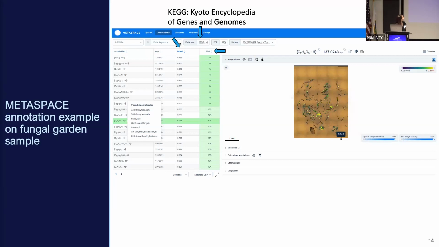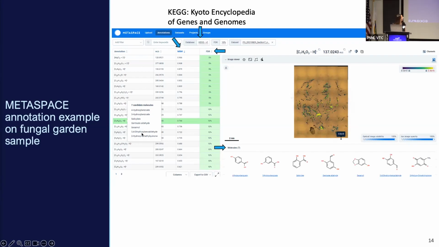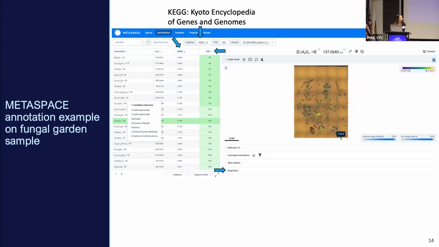As I mentioned, we are talking only about annotations, and you can see here for each of those m/z values the molecular formula that is ascribed, and all the combinations of annotated molecules. You can also see their structural formulas. As I said, those are mass isomers. We could not distinguish them by doing only MS1. There is also an MSM score for each of those, and if you go into diagnostics, you can see how it's been calculated, and also the FDR, which we set at 10%.